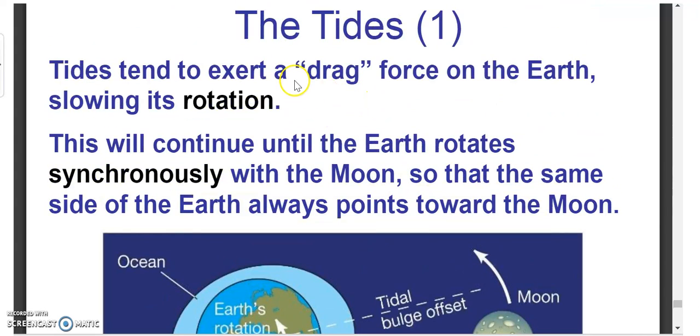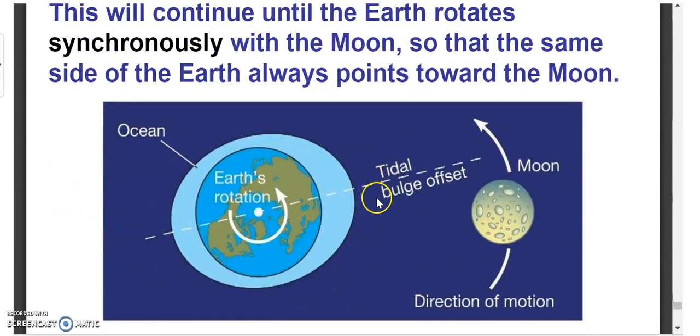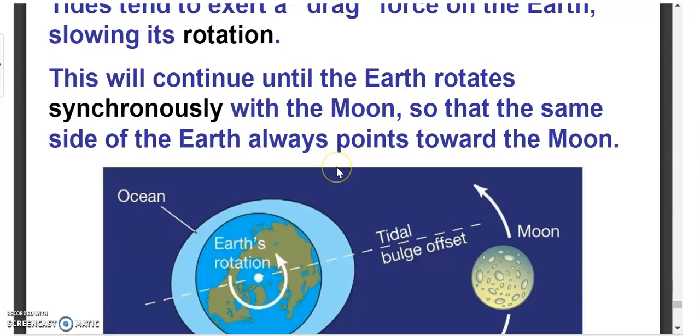And the moon is actually causing a drag force on the Earth's rotation. The tides are actually what's doing that, and so the Earth is actually slowing down over time. It's slowing down very, very slowly.